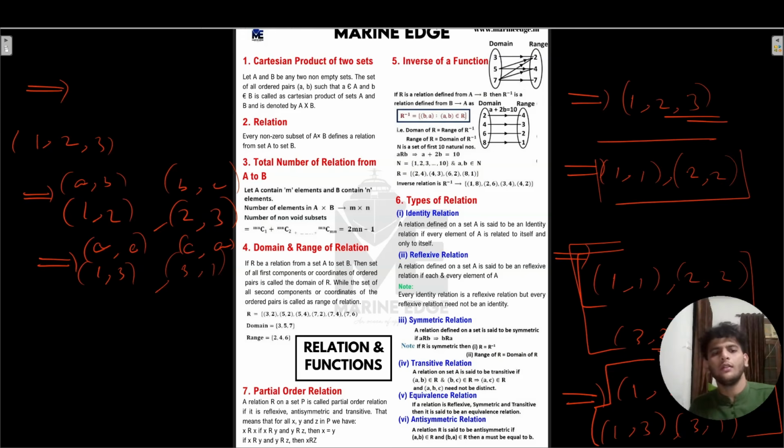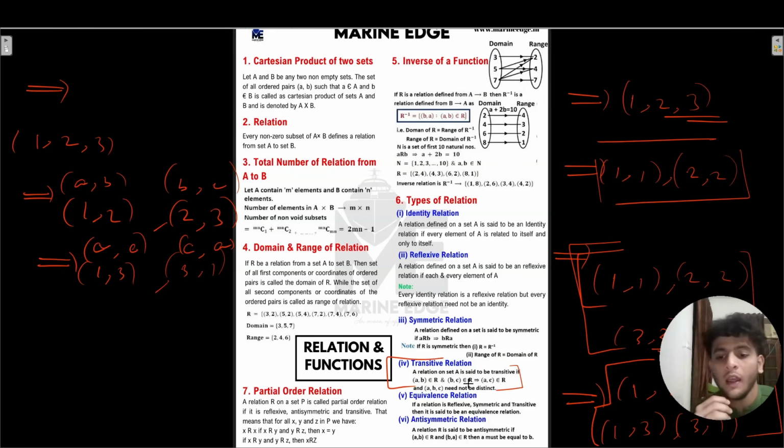So what this helps you understand is that a relation can be transitive when we have the elements (a,b) as well as (b,c) and (a,c). That is, if (a,b) belongs to R and (b,c) belongs to R, then (a,c) belongs to R. So this is what you have for transitive relations.